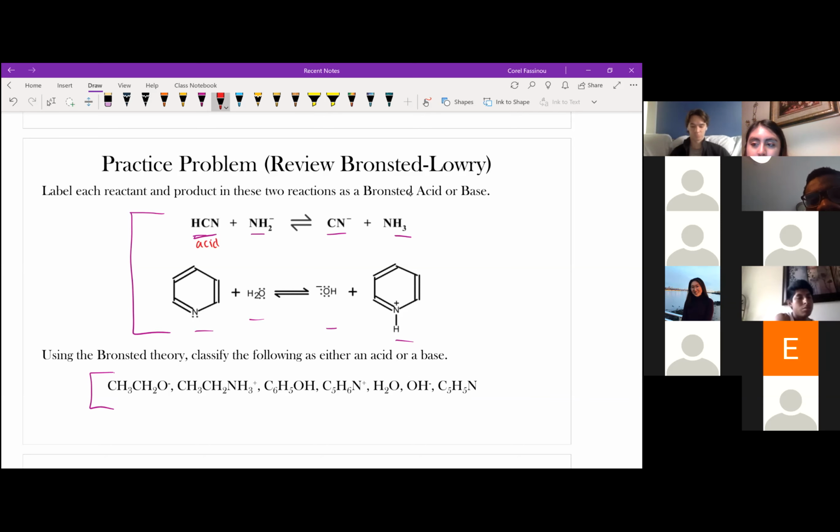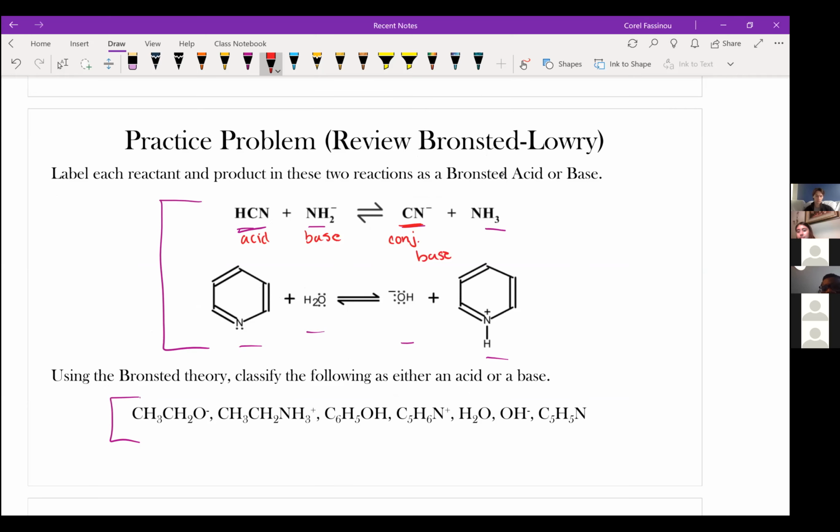Base. And then the CN minus, does anyone know what that's going to be? The conjugate base. Yeah, exactly. And then this NH3 is going to be your conjugate acid, right? And then for the bottom one, what is this going to be?